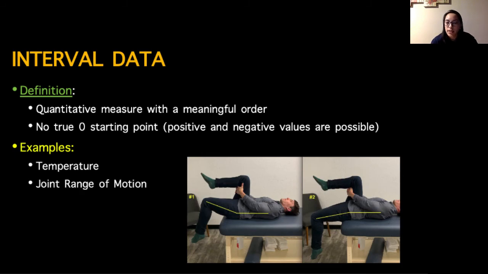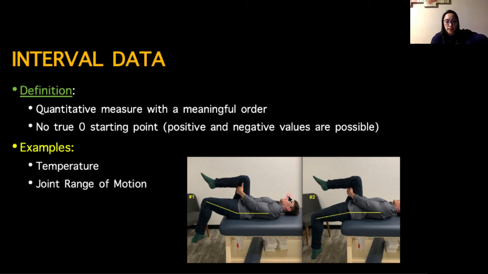Joint range of motion is a good example for the kin field. So if any of you have done a Thomas test before, it's to look at hip flexor flexibility or mobility. And the person hangs their leg off of the table. We're looking at the relationship of the thigh to the horizontal.